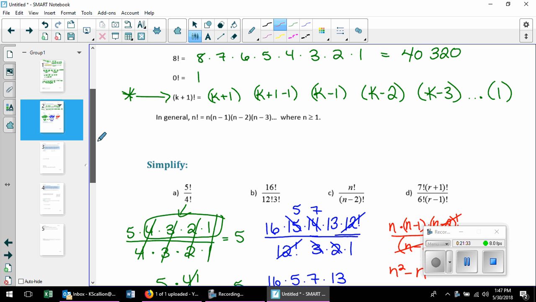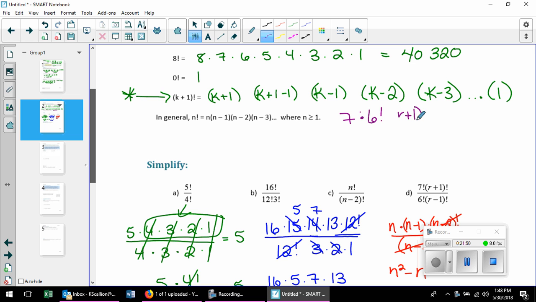I'm just going to go up. Okay, so going up, my numerator, what am I going to expand that to? 7 times what? 6 factorial, because that's going to get rid of the one on the denominator.